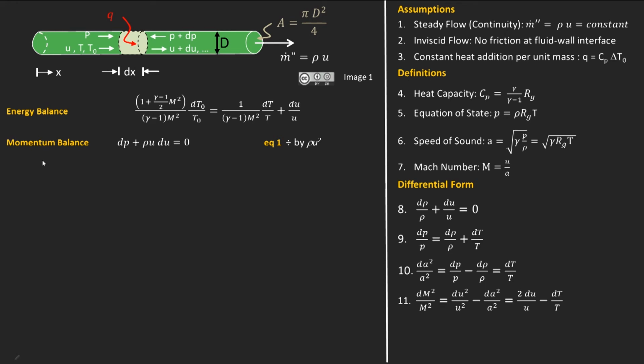And when I do that, I'm going to be again somewhat selective in the way I write things. That is, the first step is going to be just dp, and I'm going to leave the 1 over rho u squared over there. And of course, plus rho u du, and divide this by rho u squared, which is going to be equal to 0.